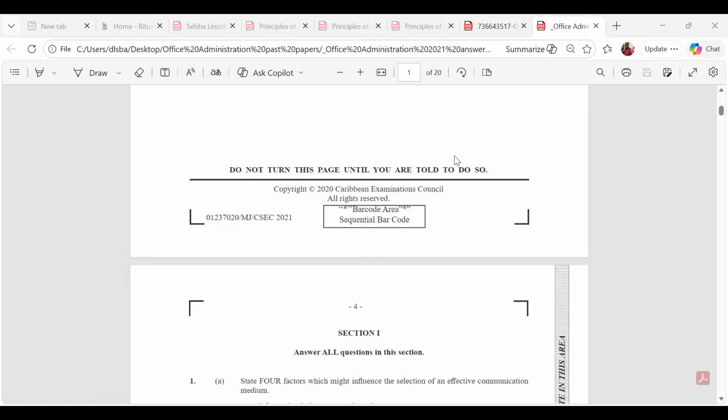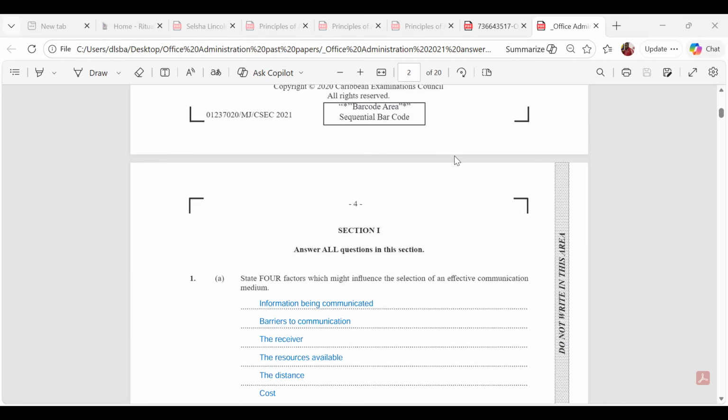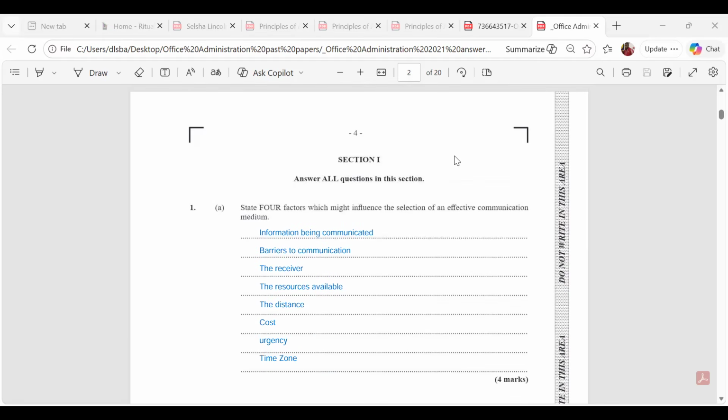What about the confidentiality? If it's a private message, that'll help me select how I'm going to communicate the information as well. Barriers.